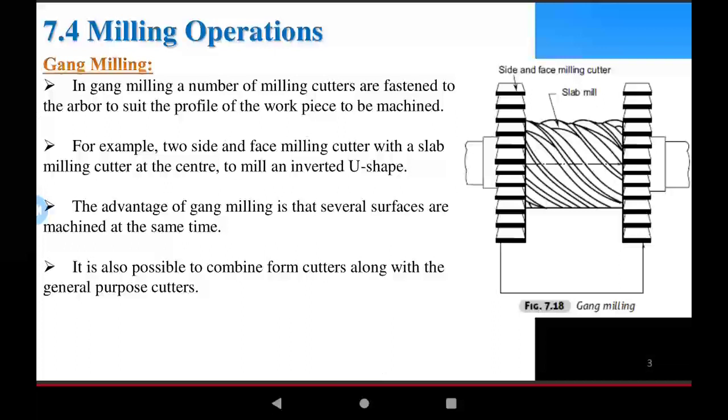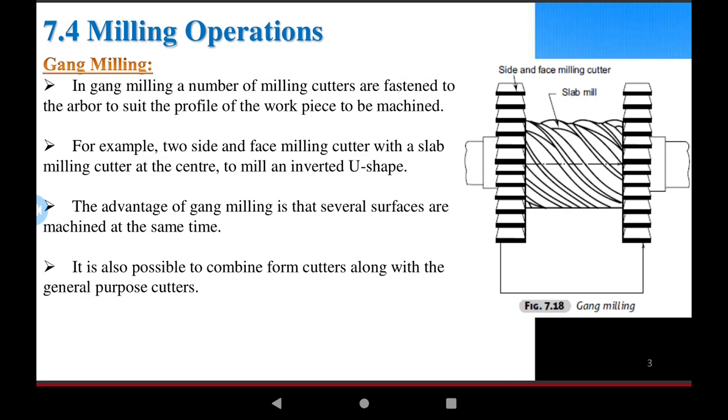The gang milling operation. In gang milling, a number of milling cutters are fastened to the arbor to suit the profile of the workpiece to be machined. Some other cutters are slab mills.